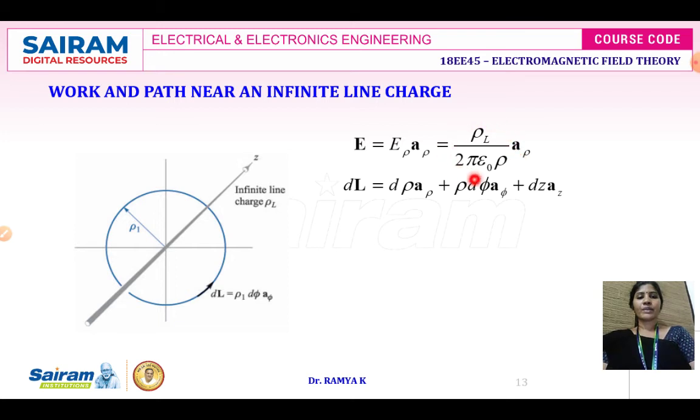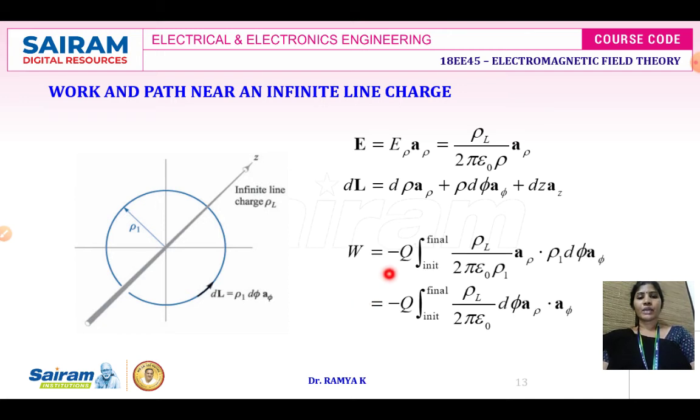Rho L divided by 2 pi epsilon rho is the formula of the electric field intensity derived under module 1, and you are supposed to remember the electric field intensity under various cases of charge densities and different configurations. Here, since we analyze using the cylindrical coordinate system, dl is d rho a rho + rho d phi a phi + dz az.